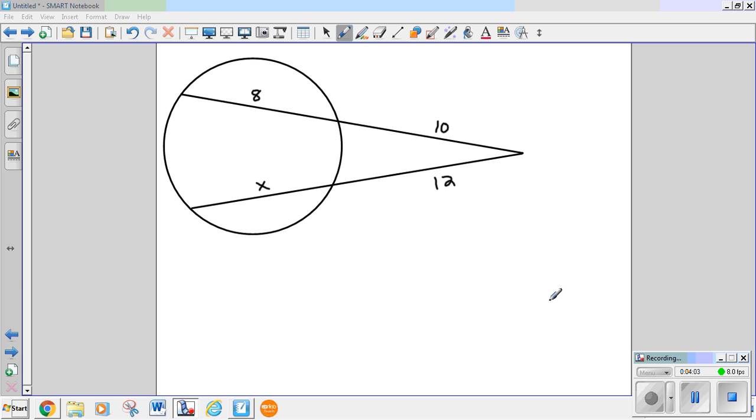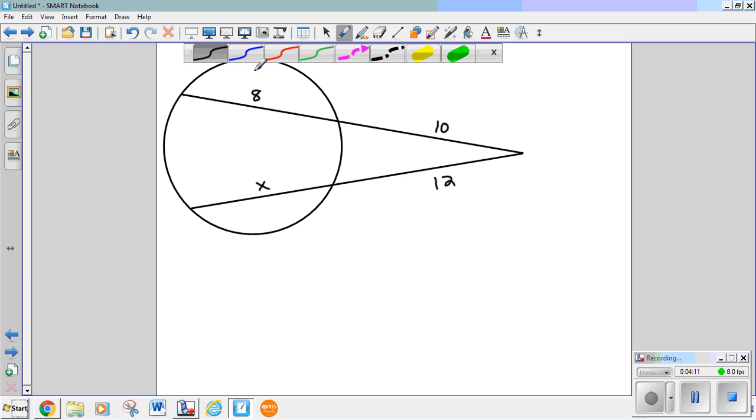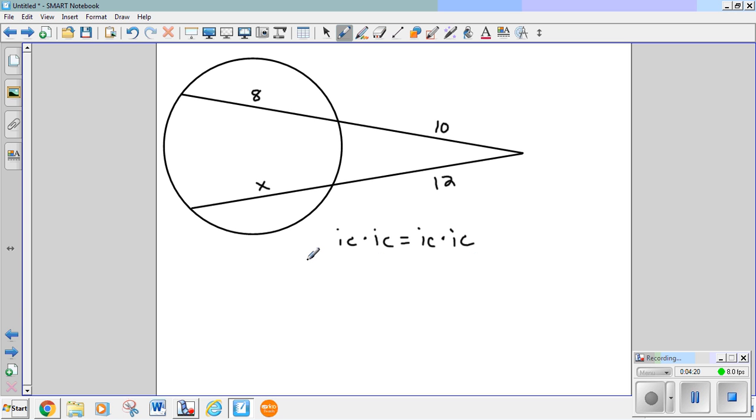This also works when the lines intersect outside the circle. Write your formula. IC times IC equals IC times IC. We'll use the top segment first.